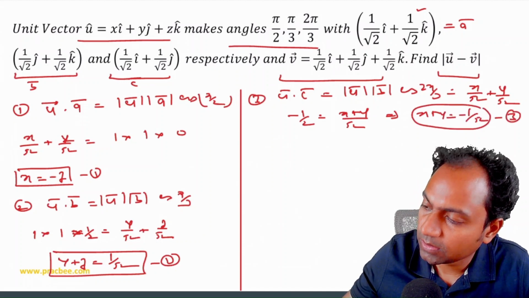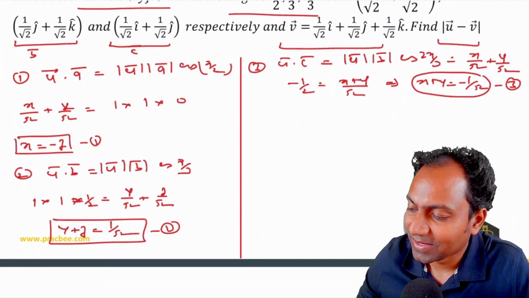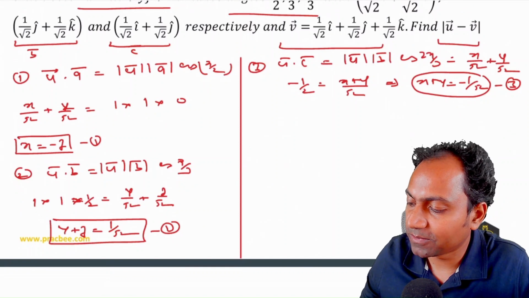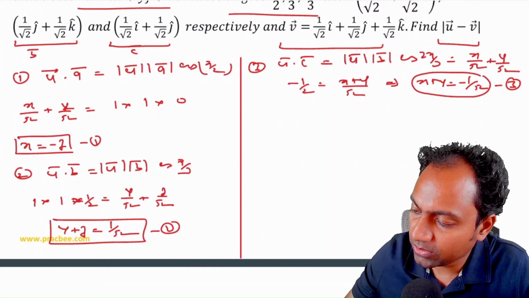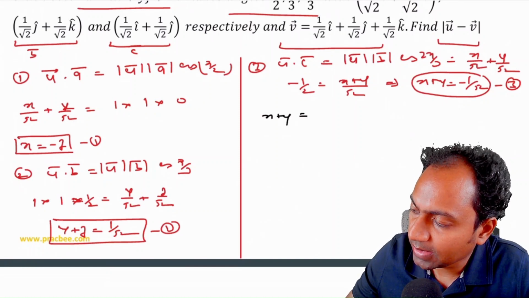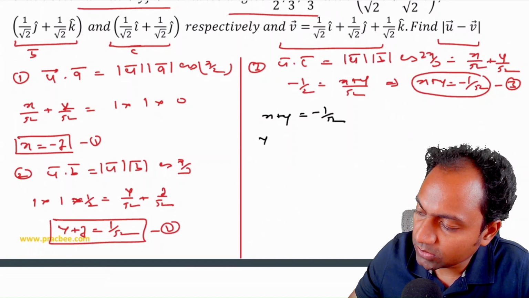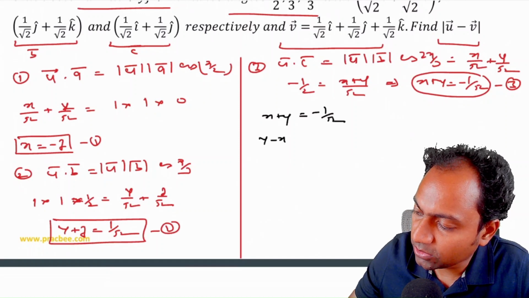So once we have got all these three parts in one place, what we can do is substitute the value of z in the second part. What we have got was x plus y as nothing but minus 1 by root 2. What we also have is y plus z. Z we can substitute as minus x, and this is nothing but 1 by root 2.